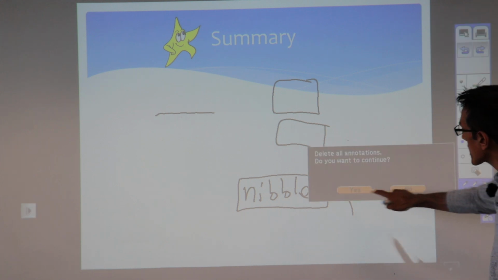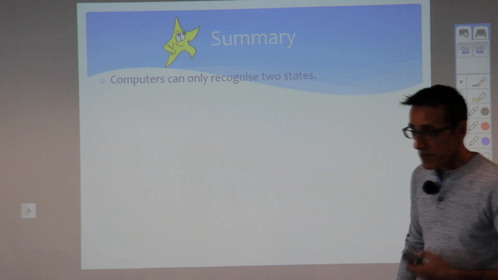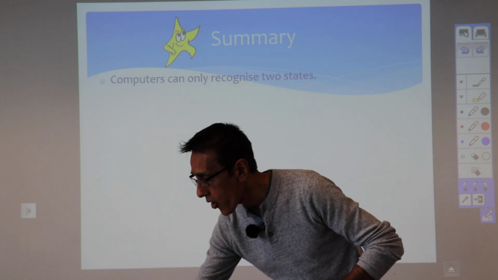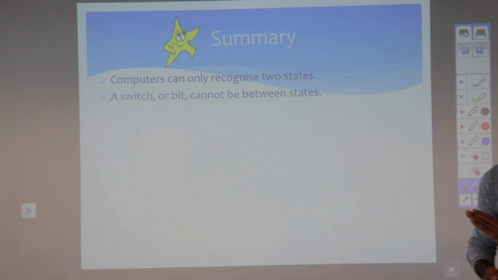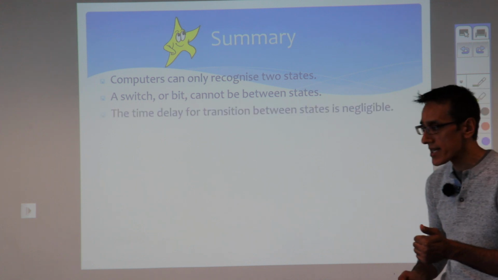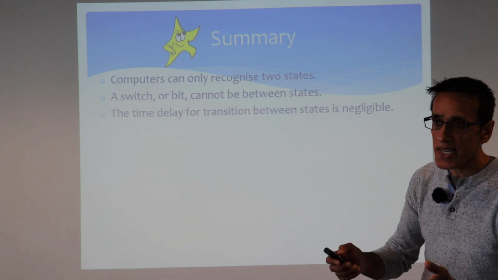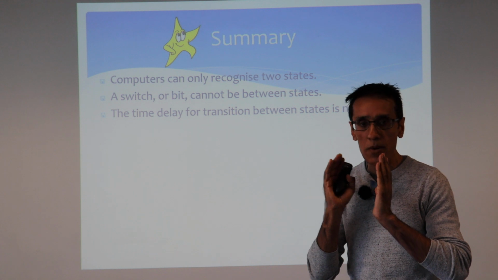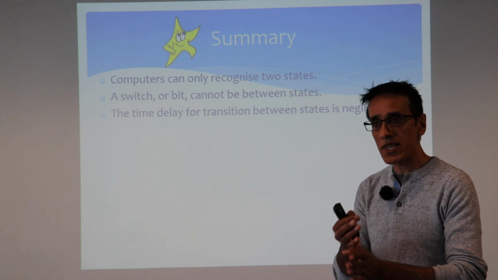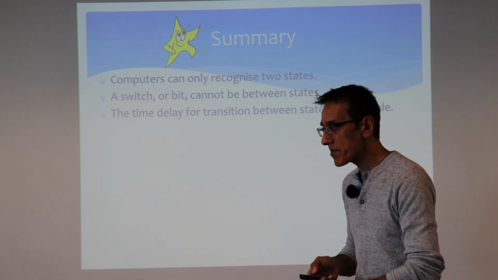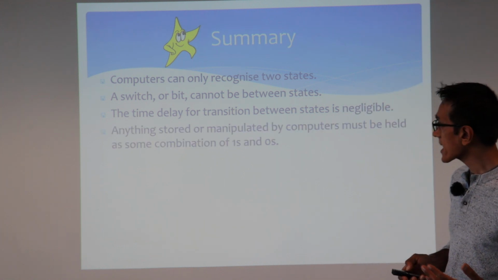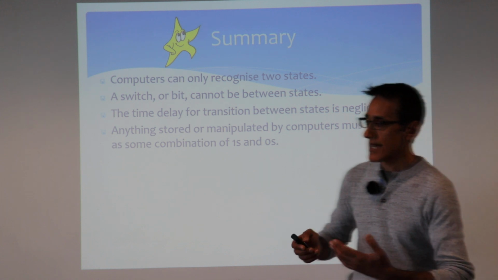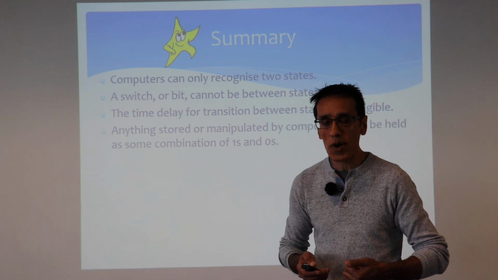So just to summarize then, computers only recognize two states, the on and the off state. A switch or bit can't be between states, it's a 1 or a 0. The time delay between those states, in other words, the delay between the power going in or the power being removed from that bit, is negligible. In other words, you can ignore it. Anything that gets stored on a computer has to be held by combinations of ones and zeros.